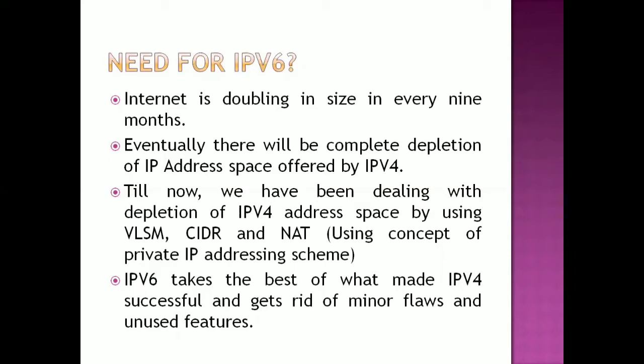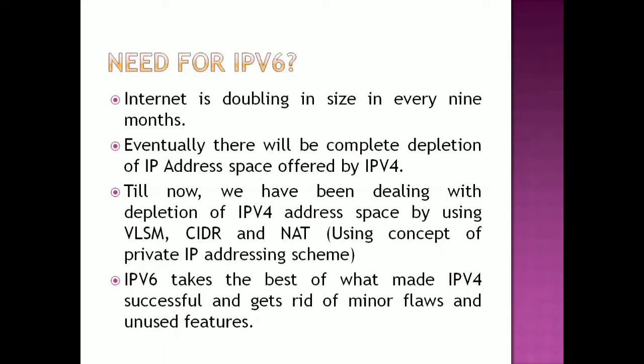The 2 to the power 32 address field would have been depleted a long time ago, but with the help of classless interdomain routing, that is CIDR, which I told you in my previous lectures, as well as VLSM, that is variable length subnet masking, and the use of public and private IP addresses using the network address translation router.